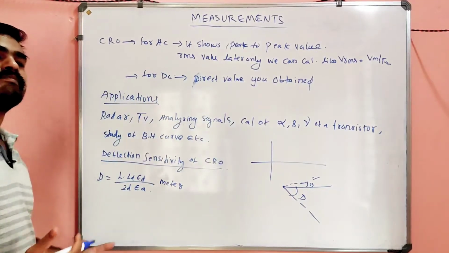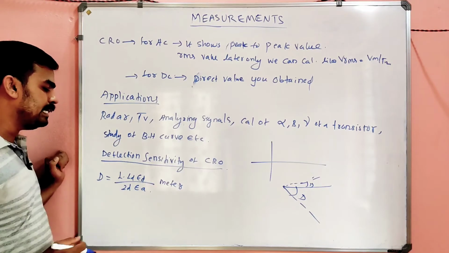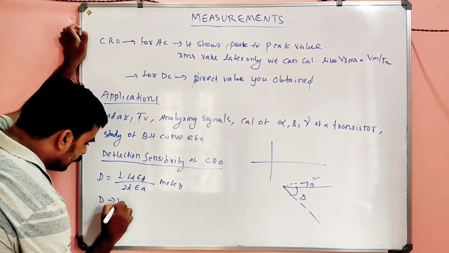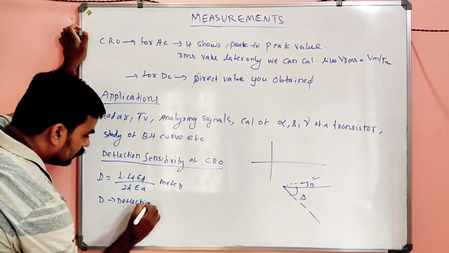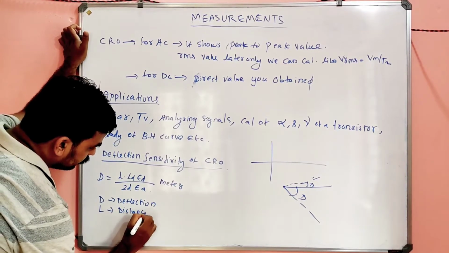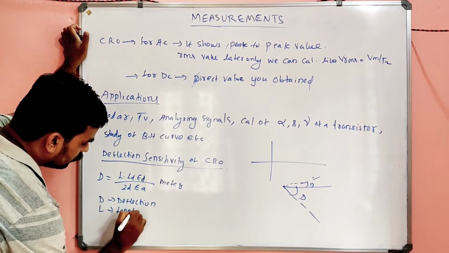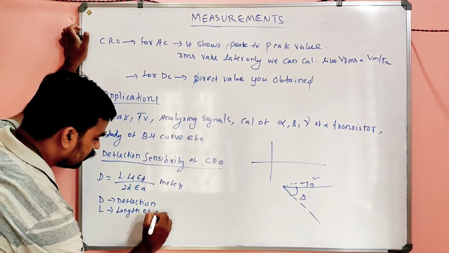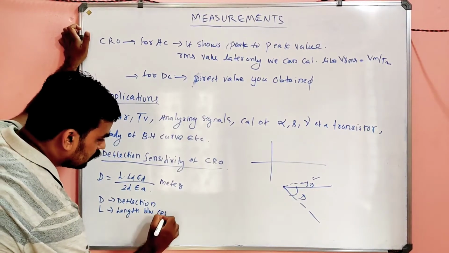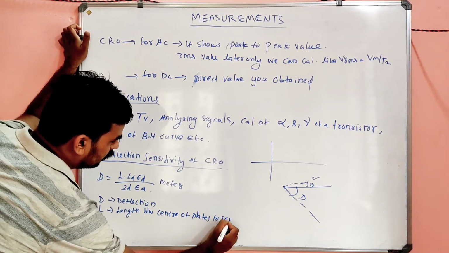So the deflection produced by the deflection plates is given by L l d Ed divided by 2 d Ea, where D is the deflection and L is the length between the center of plates to the screen.